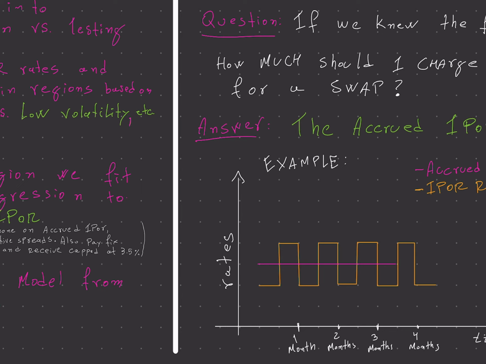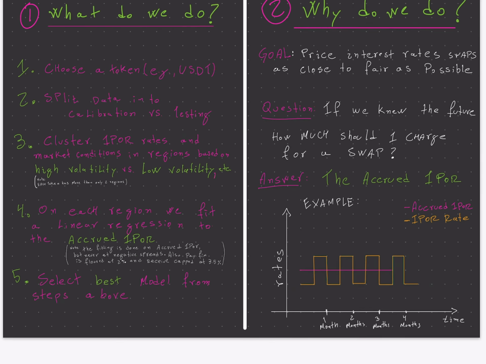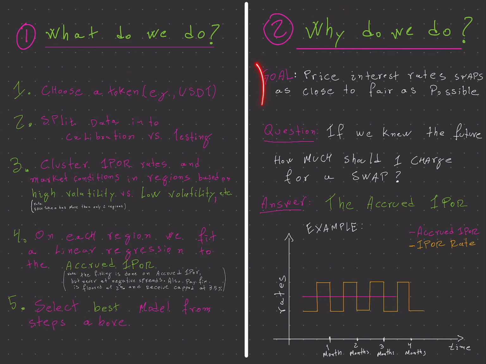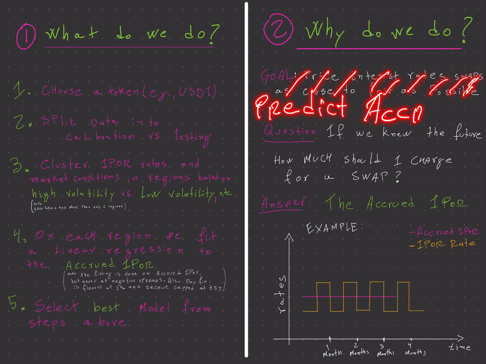It's just an unfair contract. So with that in mind, we really can go back to our goal, and I want to rewrite it slightly differently. I mean, not slightly, very differently, but now we understand that it's equivalent. Instead of pricing, I want to predict accrued IPOR.